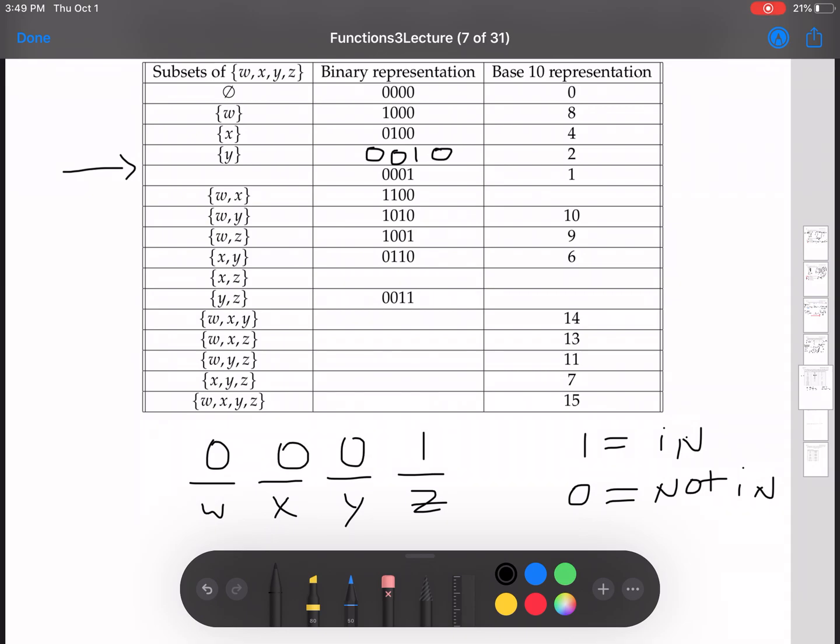That means that only z is in the set, just the letter z. Moving down to this one, here we have x and z. So x is in there, z is in there, y is not, and w is not. So our code is 0, 1, 0, 1.